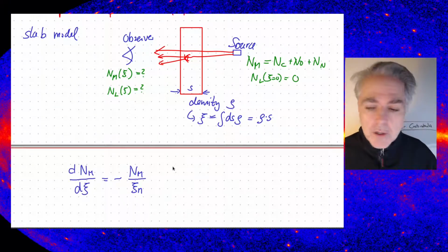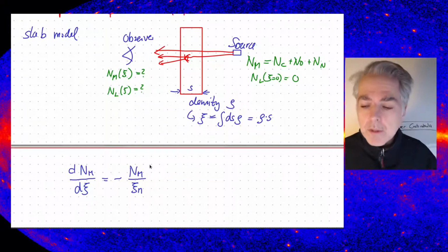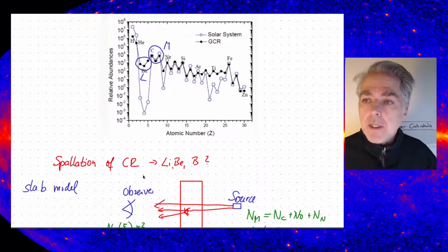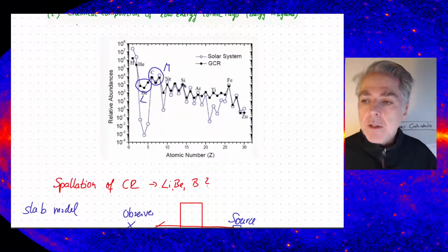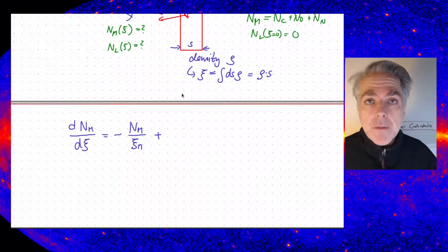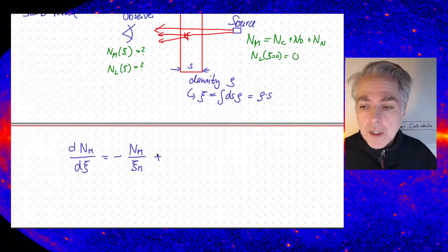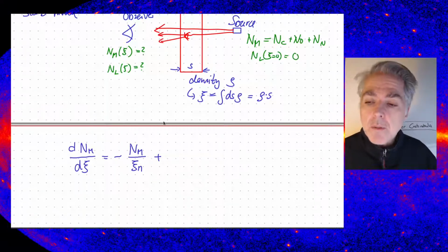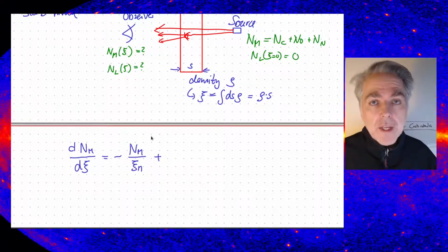However, we also have to take into account, in principle, though we will neglect that in the following anyway, but let me just write down the term here. We will also have higher mass species, for example, neon, silicon, and so on and so forth, that would interact with the interstellar medium and they would produce this. So there would be additional particles of the medium group being produced through spallation of heavier ones.